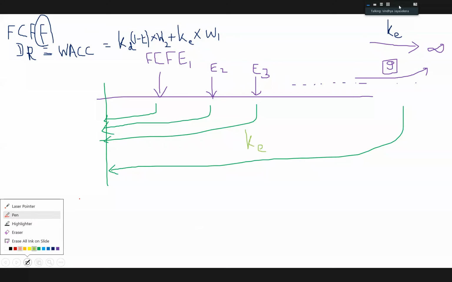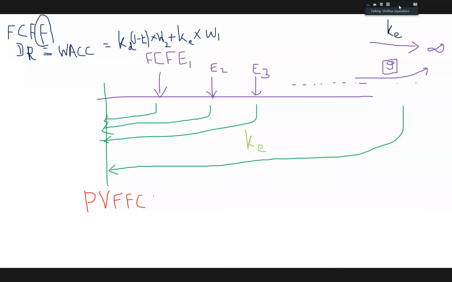Once we discount it, we come to the present value of my future free cash flows to equity holders. Now, straight away, I have found the free cash flows that are available to equity holders, the future cash flows that are available to equity holders, right?